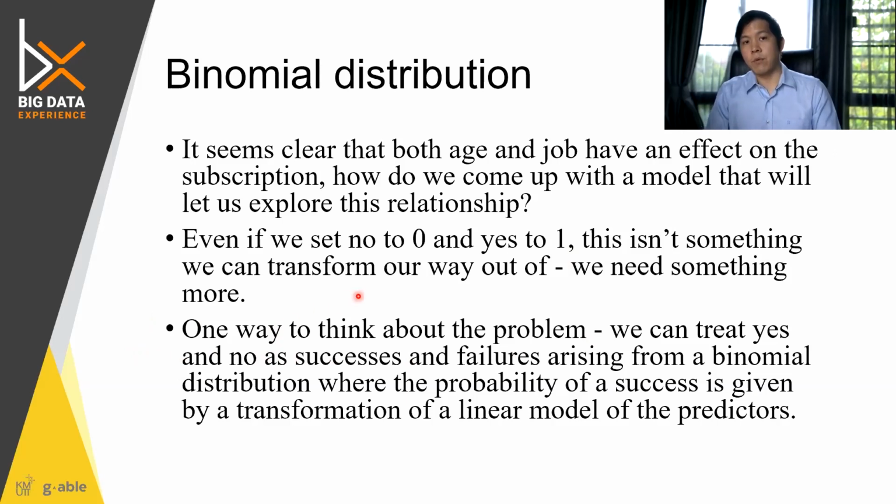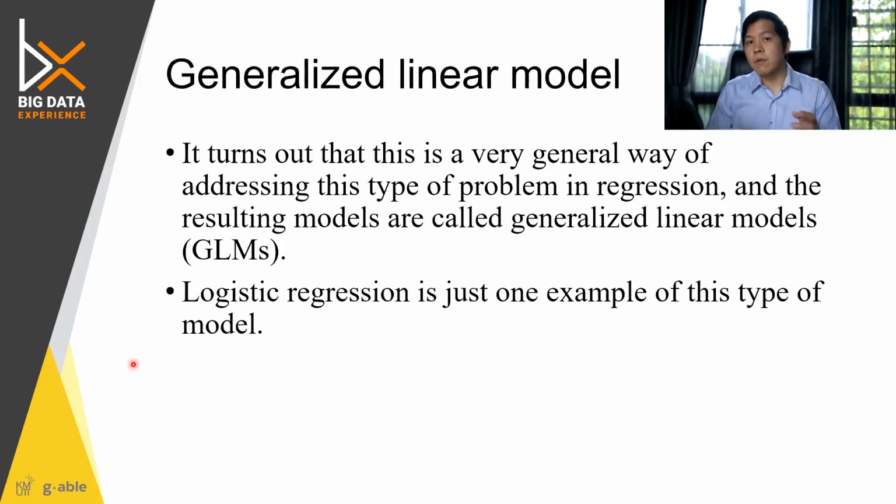When we think about it that way, and when we look at the distribution itself, you see that this yes and no, right, they are from a binomial distribution. So you can explain it in terms of probability, and we will try to find associations between the probabilities and the variables.